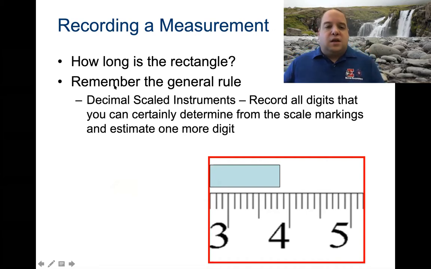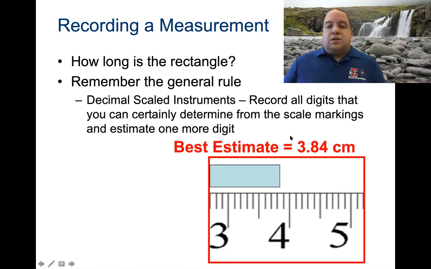How long is the decimal scale instrument? Record all the digits that are certainly determined from the scale markings and estimate one more digit. So we are certain of the 3.8. That last one, there's going to be some variance. They are telling us our answer should have been 3.84.